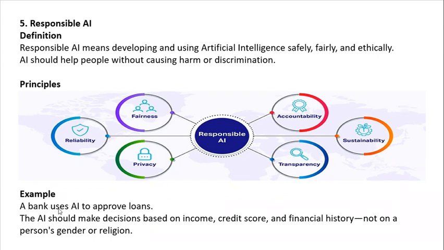Example: banks use AI to approve a loan, and the AI should make decisions based on income, credit score, and financial history, and not on a person's gender or religion.